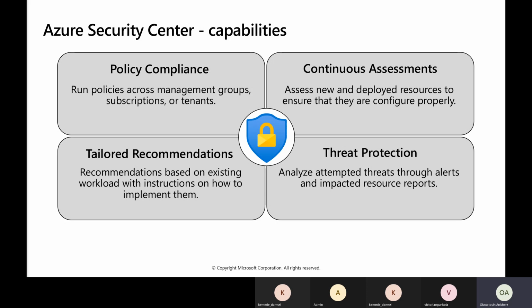Now you can do continuous assessments with the Azure Security Center. So those are the capabilities, the features, the things it can do, such that you are able to assess and deploy resources to ensure that they are configured properly. Another one is tailored recommendation. We do so well with alerts.